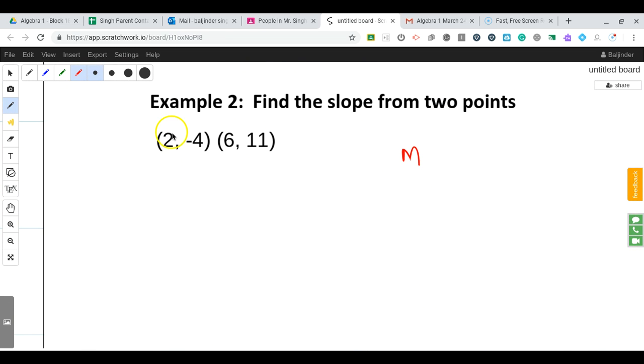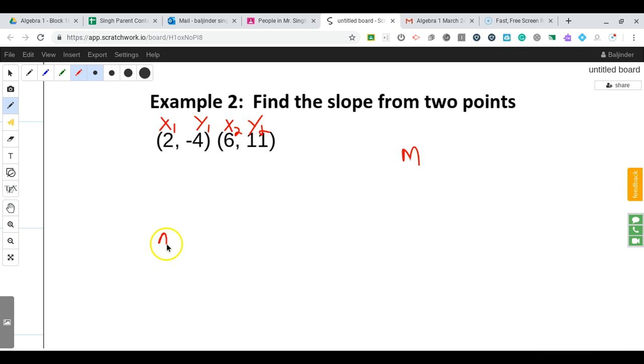I'm first going to label the points. I'm going to label this as x, y, and x, y. Because this is my first point, I'm going to label that as x1, y1. And because this is my second point, I'm going to label this as x2, y2.